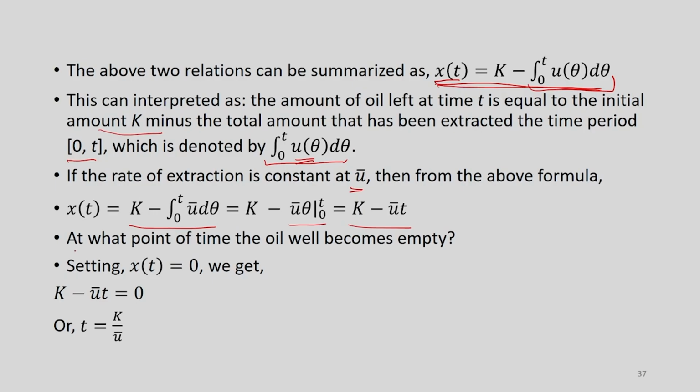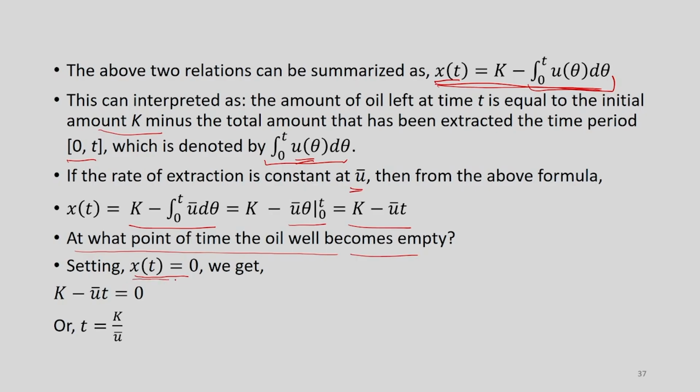Now, one question that can be asked is: at what point of time does the oil well become empty? I can solve that by taking x(t) equal to 0 and solving for t. We want to find the time at which the stock will deplete to 0, and the stock we know is x(t).